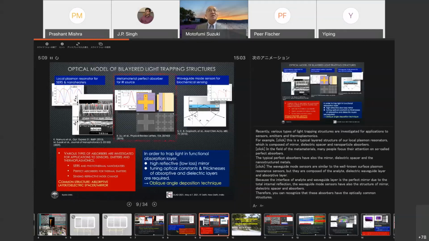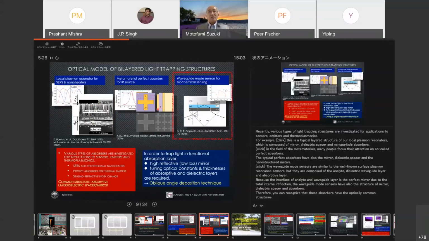In the field of metamaterials, many people focus their attention on so-called perfect absorbers. The typical perfect absorbers also have a mirror, a dielectric spacer, and nanostructured metal patterns.